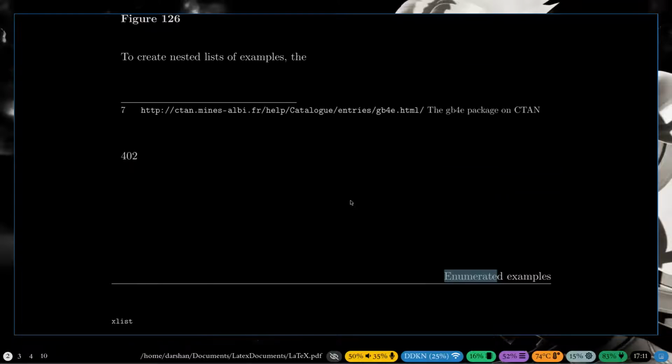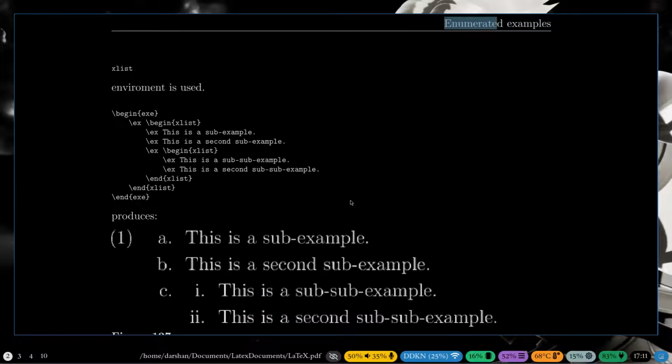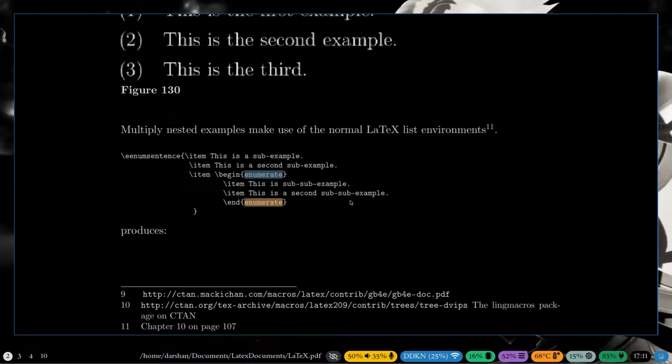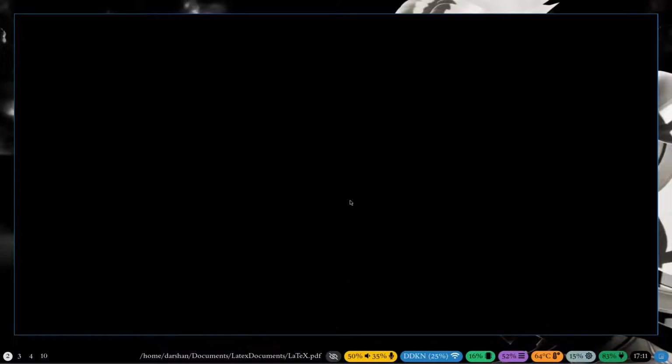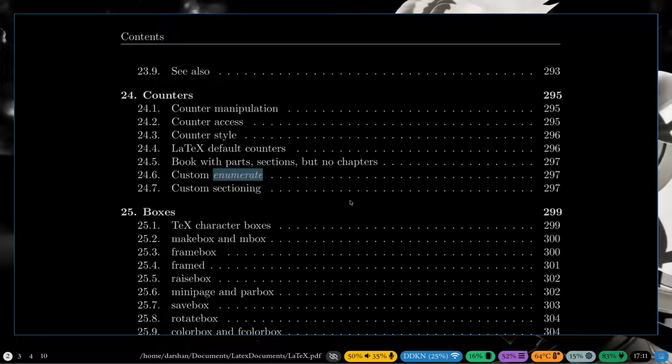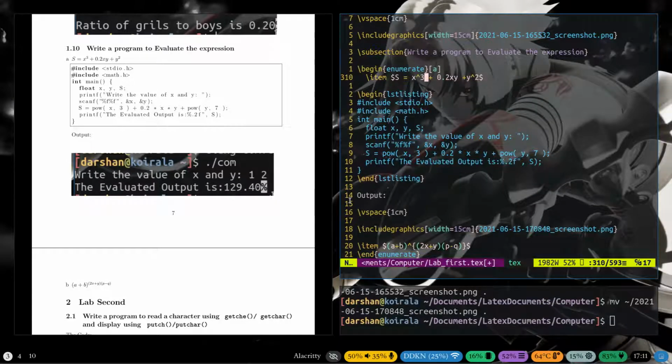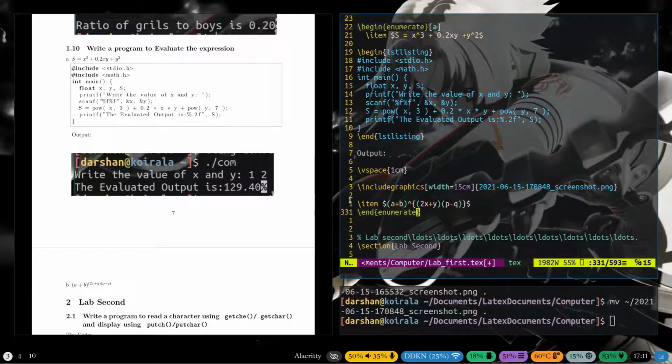Exe environment. This is a sub example. X list. Begin enumerate. Optimize enumerate. Whatever it is, I'll figure it out after some time. I do not really have time to learn that. So that is it. Okay.